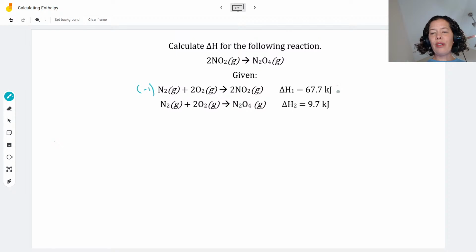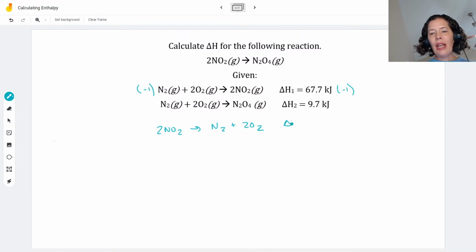And that is going to come over here to my enthalpy for this specific reaction. So what I'm going to do is rewrite this first reaction and flip it, so my products become my reactants. And just for brevity's sake, I am going to leave out the states so I can write things down a little bit faster.